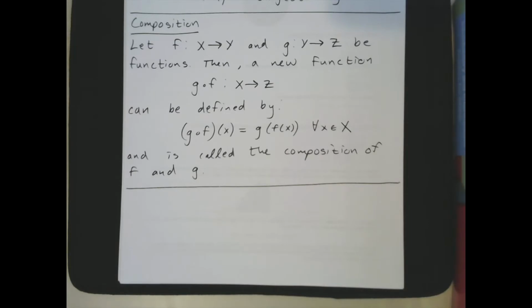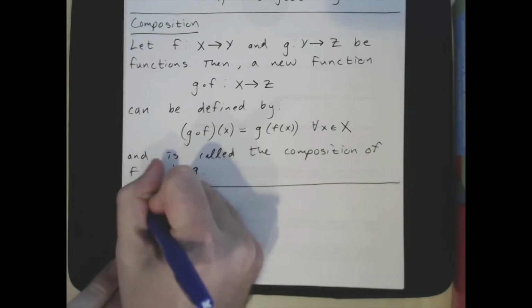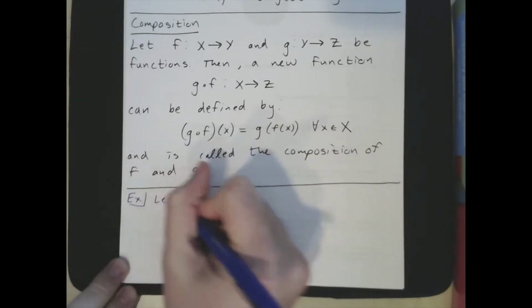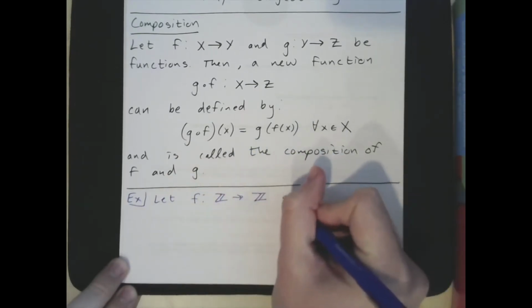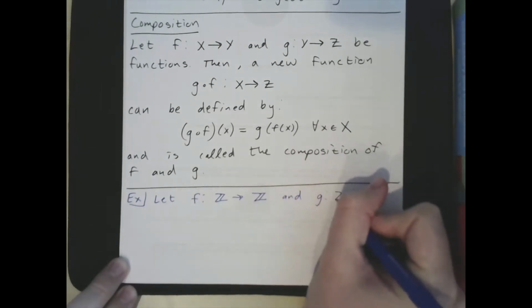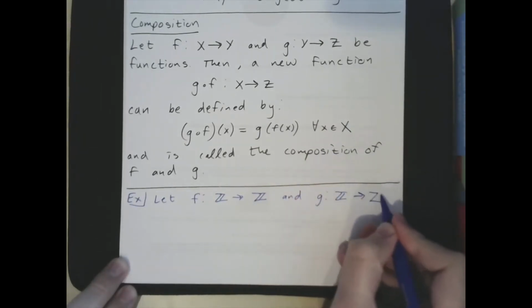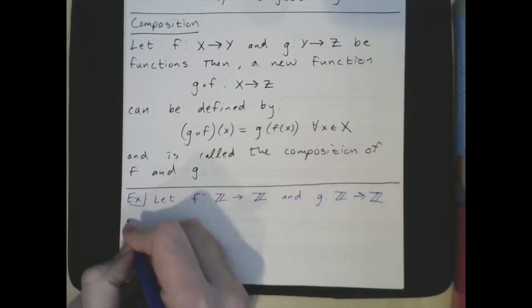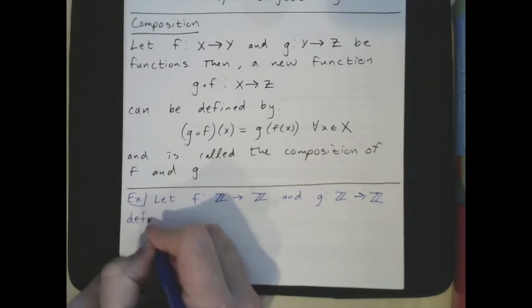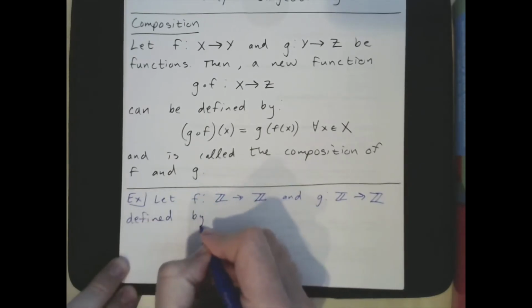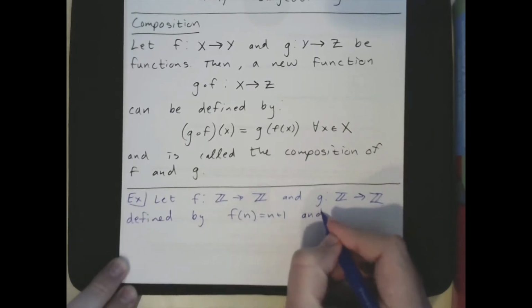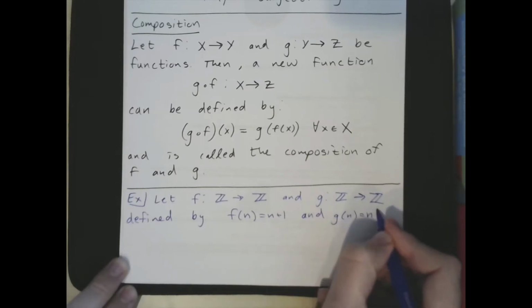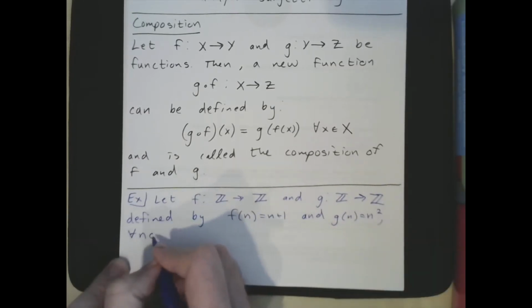So let's go ahead and look at an example working with compositions as sets or as functions on sets. So we're going to let f map integers into integers, and g is going to map integers into integers. And these are going to be defined by f of n equals n plus 1, and g of n equals n squared for all integers n.